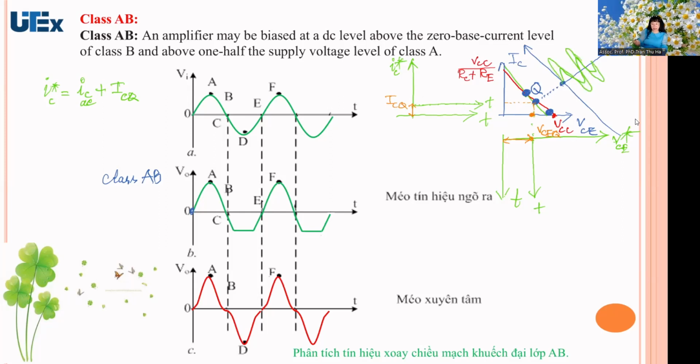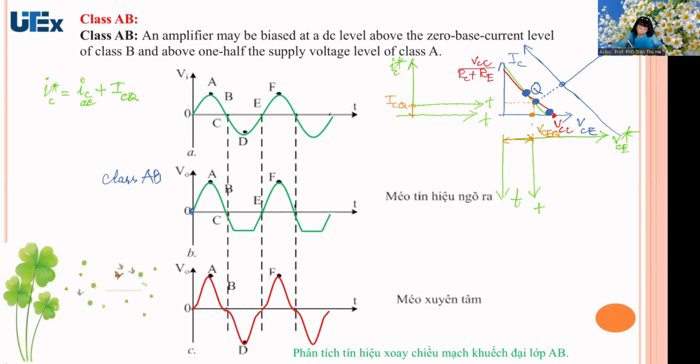For example, I have the input signal. Larger. Smaller, of course, it's okay, but I would like to show you why we call it this is class AB.